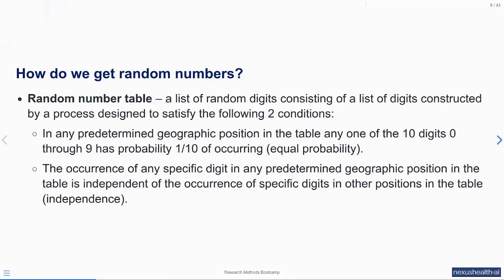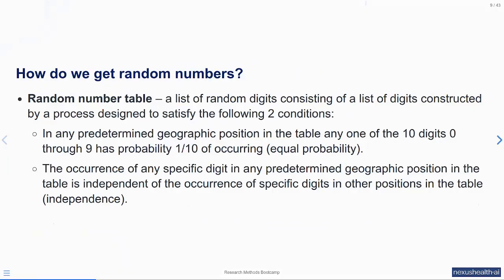So how do we get random numbers that we use to randomize? We could use a random number table, which is a list of random digits constructed by a process designed to satisfy the following two conditions. In any predetermined geographic position in the table, any one of the 10 digits 0 through 9 has a probability of 1 out of 10 of occurring.